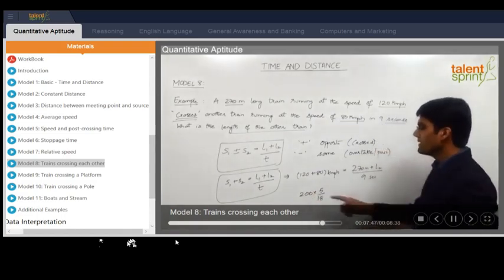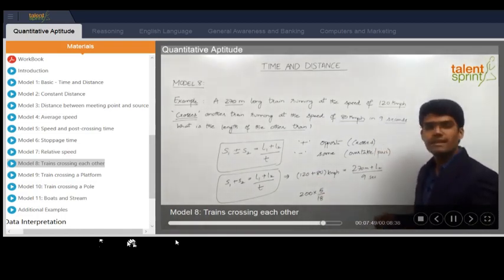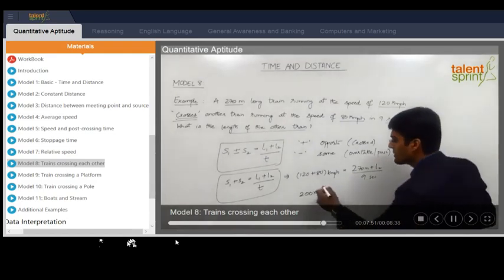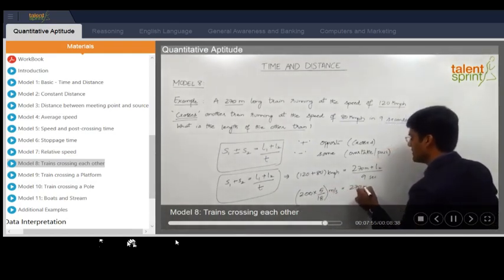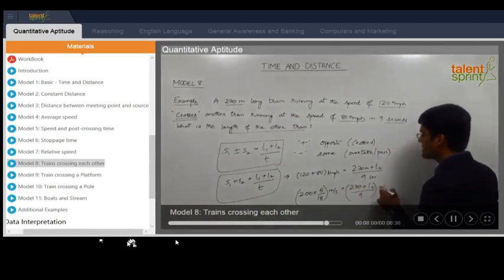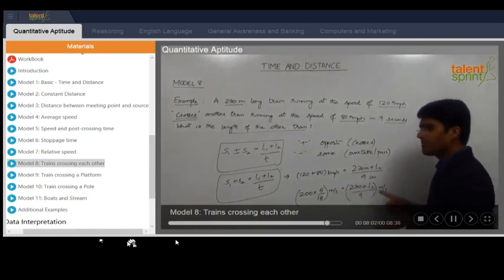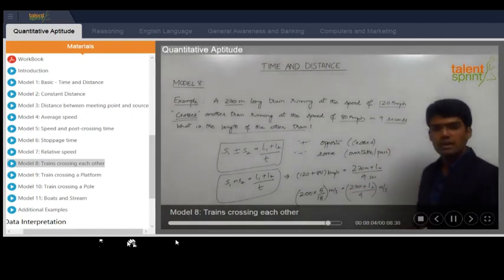So when you multiply this value with 5 by 18, it gets converted to meters per second. So now the speed here is in meters per second. And this is (270 plus L2) divided by 9. Even this side, we have got the units in meters and seconds. So the units have been balanced. And now we can go for the calculation here.